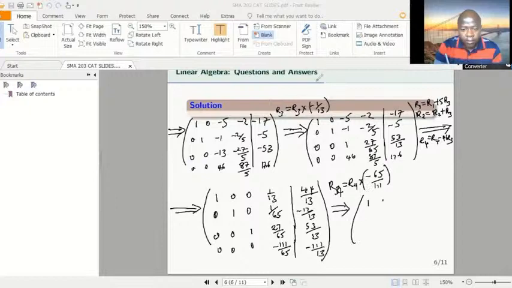Now, so the first row remains the way it is. The second row remains where it is.